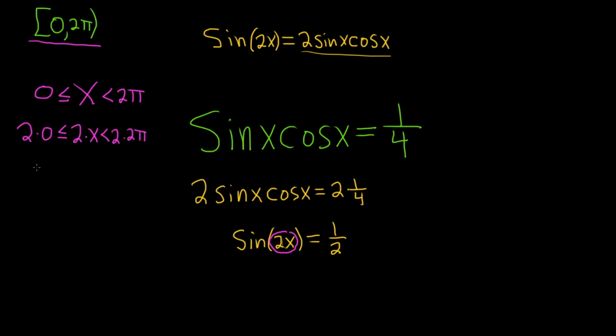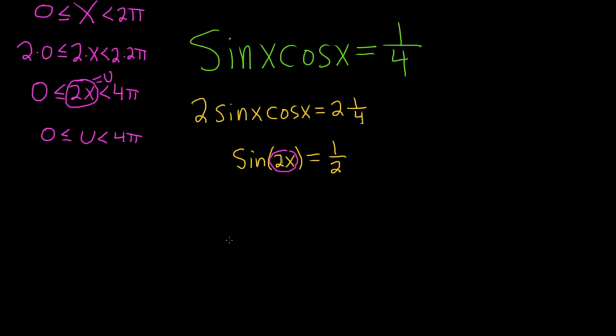So this piece here is going to be 0. So 0 less than or equal to 2x less than 4 pi. And to make it even cleaner, you can call this piece u. So we really have 0 less than or equal to u less than 4 times pi.